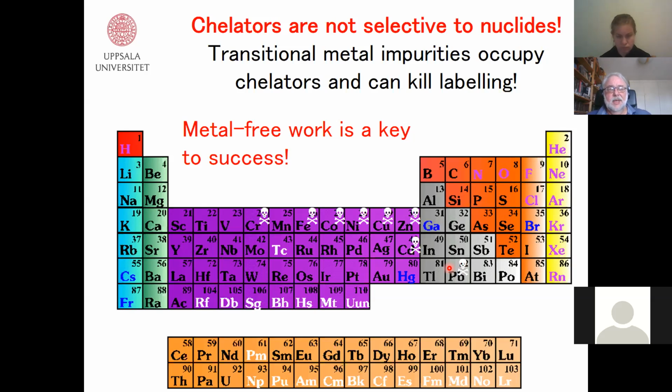Surprisingly, standard polypropylene Eppendorf tubes are pretty metal free, but many researchers recommend to use acid wash of all plasticware in the lab before working with radiometal. So as I say, you have to be paranoid about metal contamination if you work with radiometals.